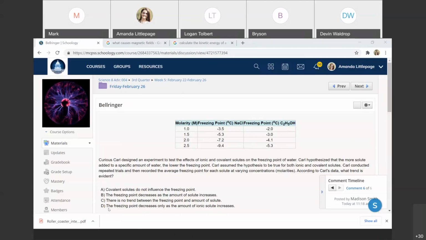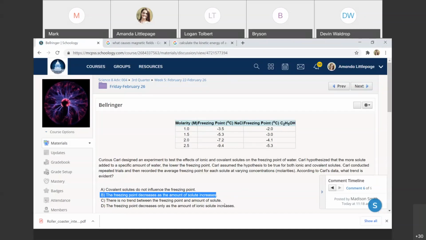And then D, the freezing point decreases only as the amount of ionic solutes increases. We can also eliminate D because both of these, the sodium chloride, which is ionic, and this one over here, which is covalent, follow the same trend. So they both have a decrease in the freezing point as solute increases. So that means that B is the best, most reasonable option and response for this question.